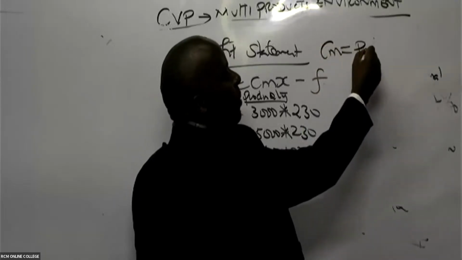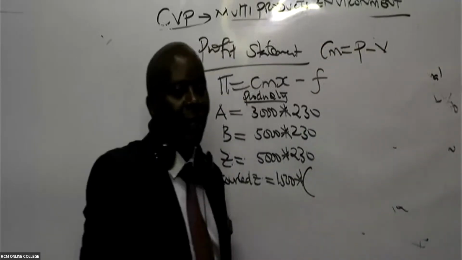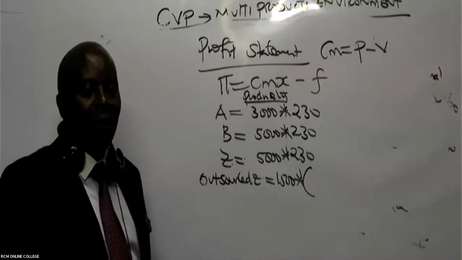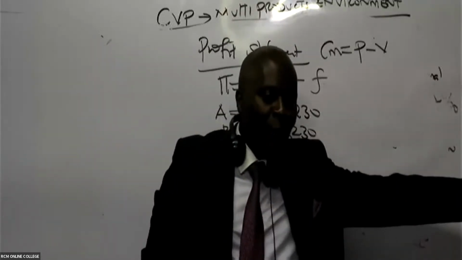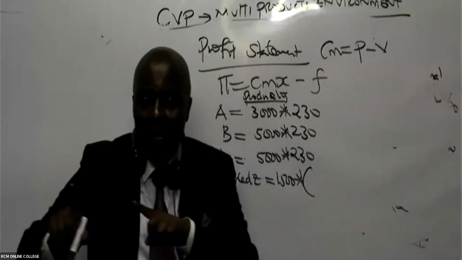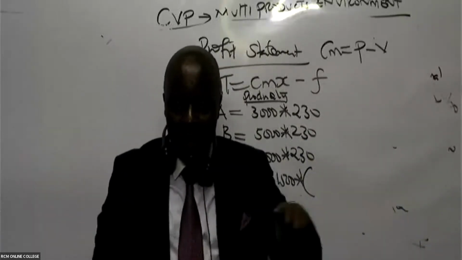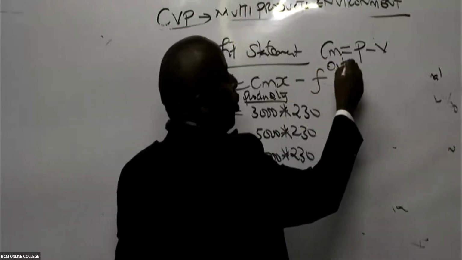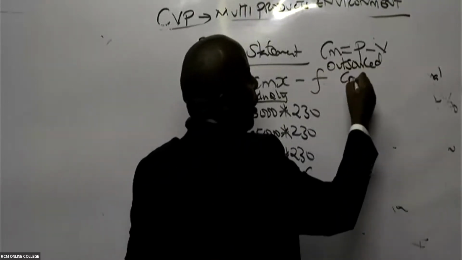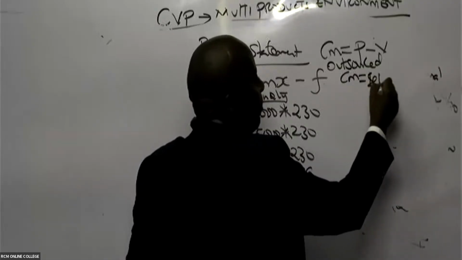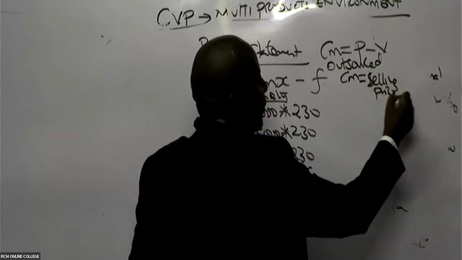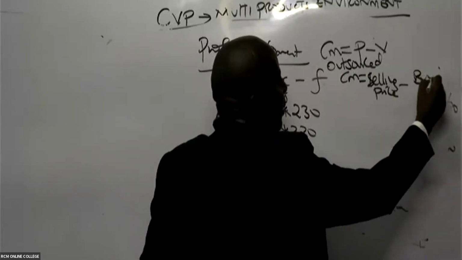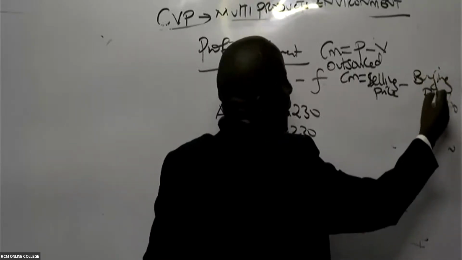You know that contribution margin is price minus variable cost, isn't it? But now remember, this is something we are buying from outside for onward reselling. So if it is outsourced, the contribution margin will be selling price minus buying price.